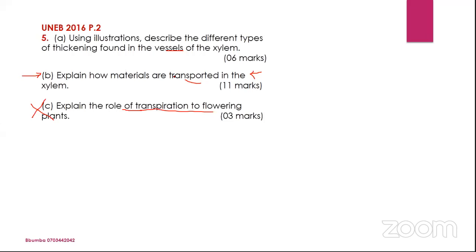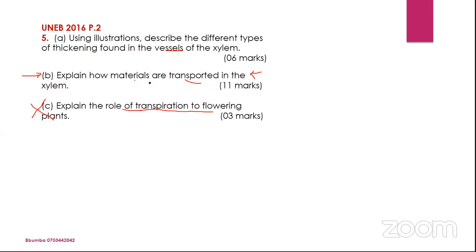Do you begin from there? Or do you just explain the cohesion-tension theory? So this question indirectly asks you the cohesion-tension theory that explains transpirational pull.